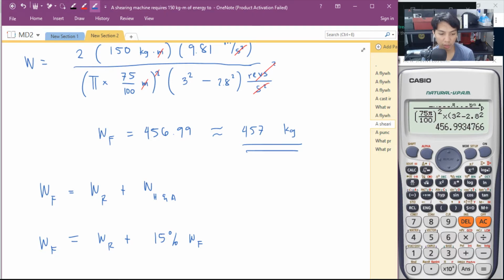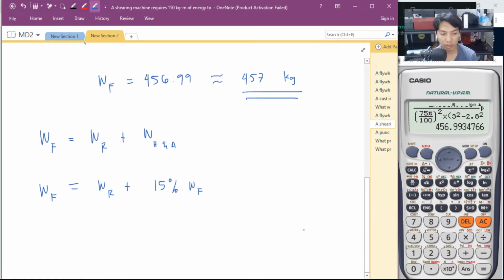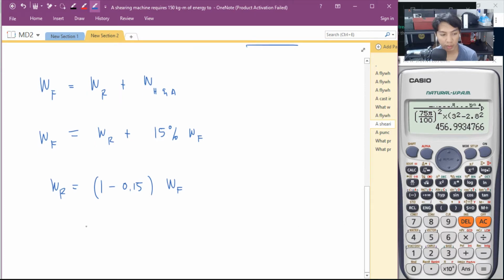So, you should subtract it. The weight of the rim now is equal to 1 minus 0.15 times the weight of the flywheel. So the weight of the rim is 85%, 1 minus 0.15, that's 0.85, times the weight of the flywheel, which is 457.